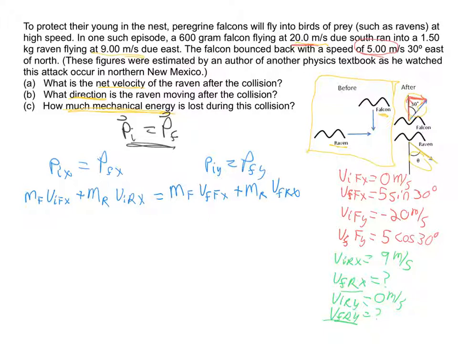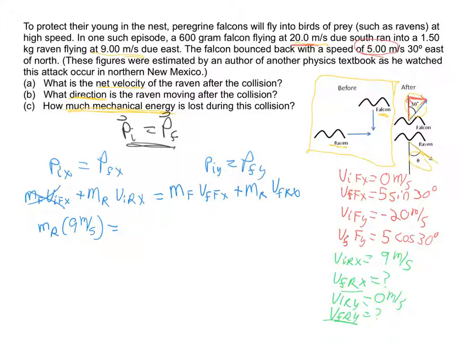So now let's go ahead and fill in what we have here. Going back to our equation for momentum, the initial velocity of the falcon in the x, that's 0. So we're left with the mass of the raven multiplied by the 9 meters per second.